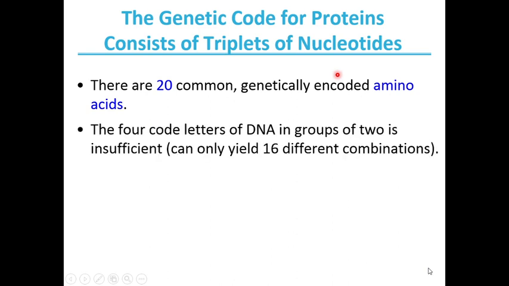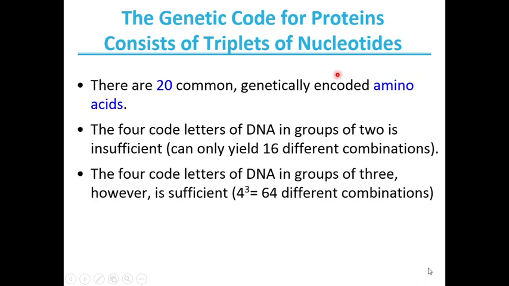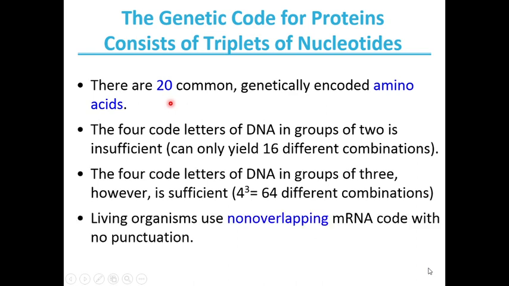The 4 letters of DNA in groups of 2 is insufficient, which means it can only yield 16 different combinations. The 4 letters of DNA in groups of 3, however, is sufficient, which means there are 64 different combinations that can result. And we have only 20 amino acids.